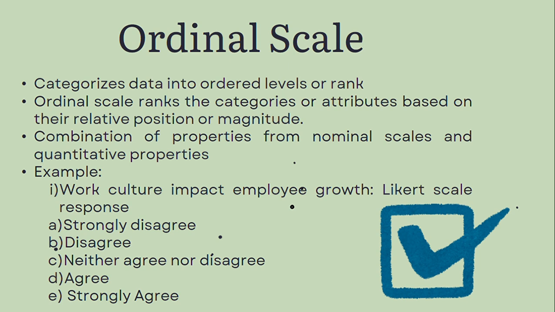For example, to check whether work culture impacts growth, we have different types of responses on a Likert scale: strongly disagree, disagree, neither agree nor disagree, agree, and strongly agree. We have responses in an ordered scale.